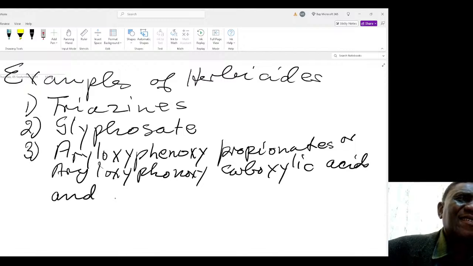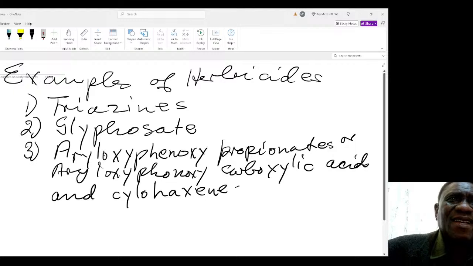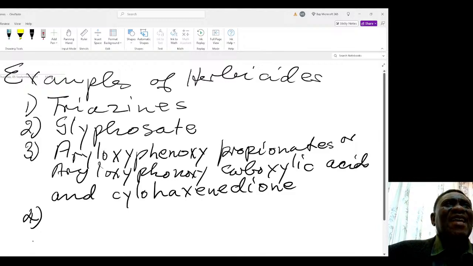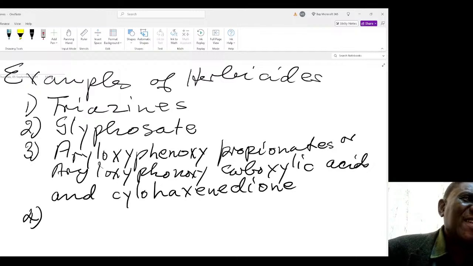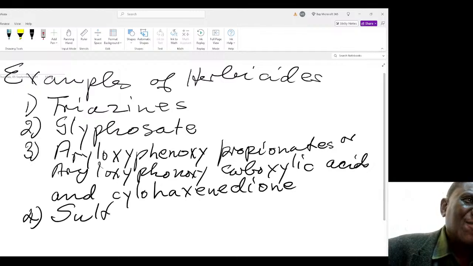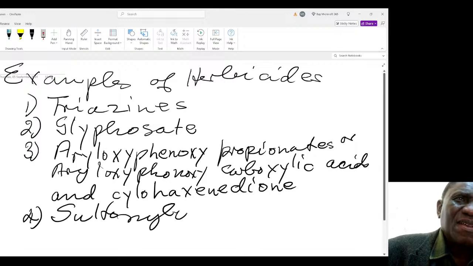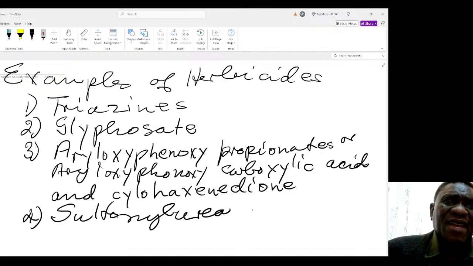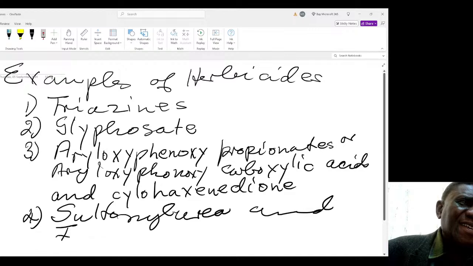And cyclohexene dione. Long names. The other ones are sulfonylurea, urea, and imidazolinones.